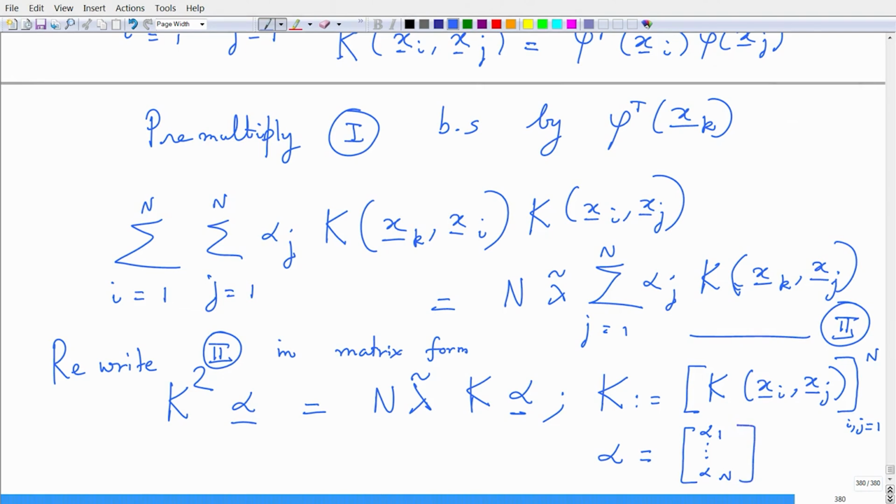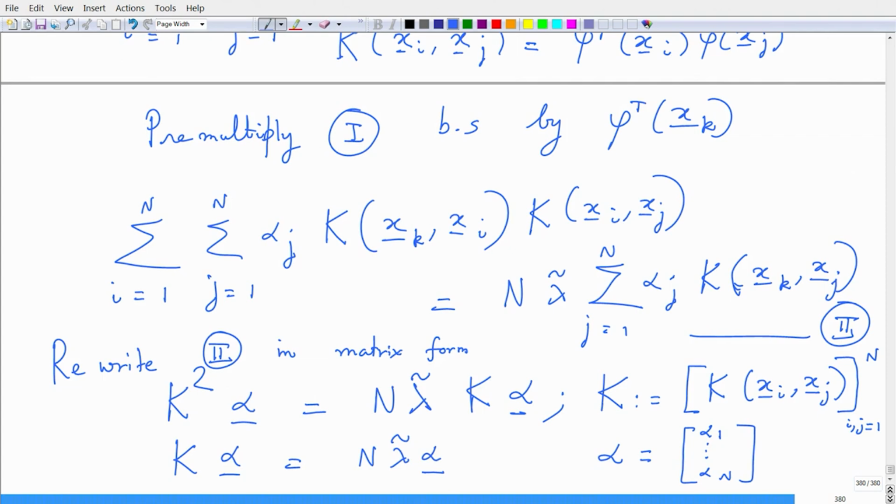Now, simplifying this, assuming that my Gram matrix inverse exists, I pre-multiply by K inverse on both sides. So, I can simplify this as K times alpha equals N times lambda tilde times alpha.